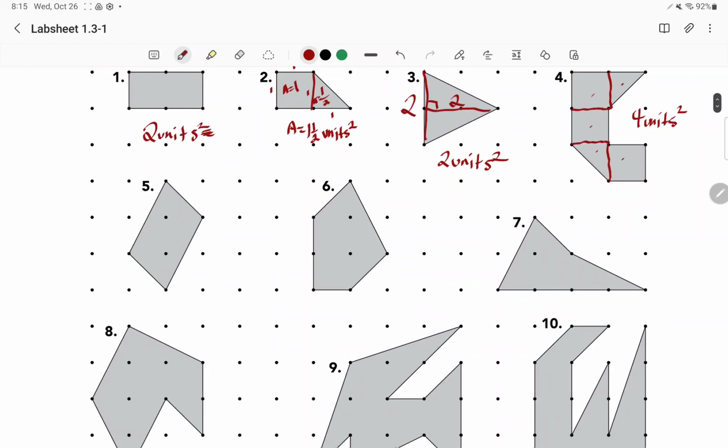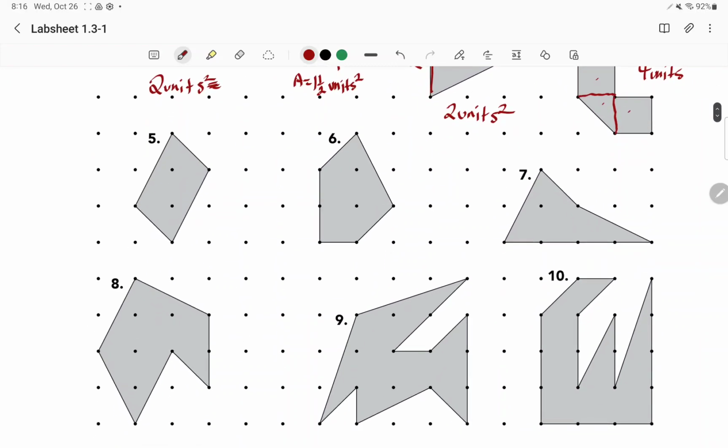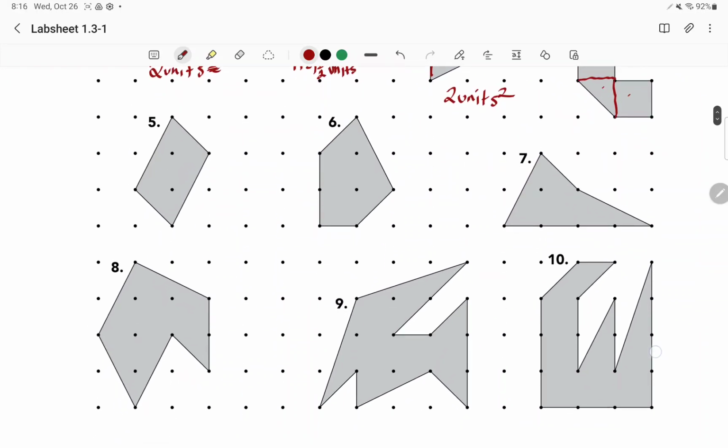And again, if you haven't tried these, please pause the video and try them before you watch my solutions, because there is more than one way to do these problems. For example, in 5, I would just make 2 identical triangles. This has a base of 3 and a height of 1.